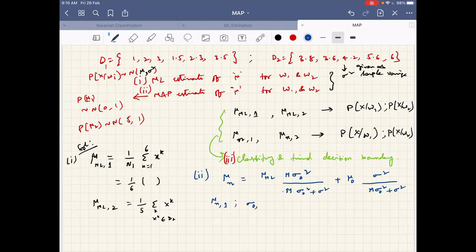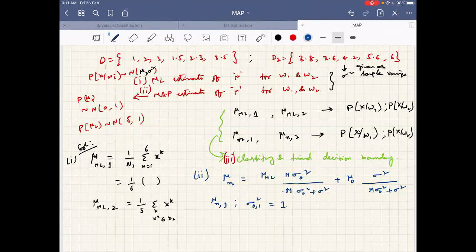Sigma naught 1 is how much? Quickly tell me the values so that I understand that you know and you will be able to do it. Sigma naught square 1, for class 1, what is the prior variance in the estimate of the prior mean? 1.